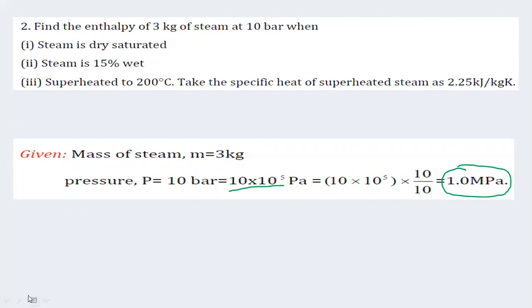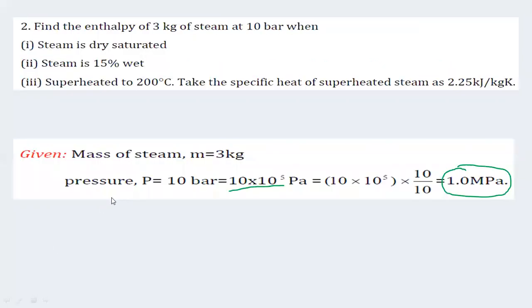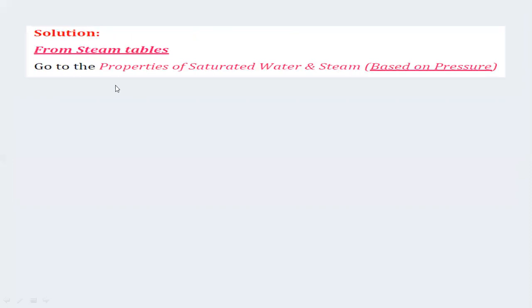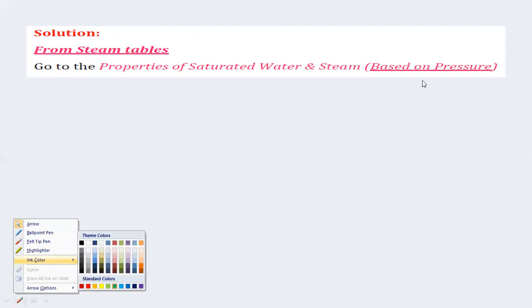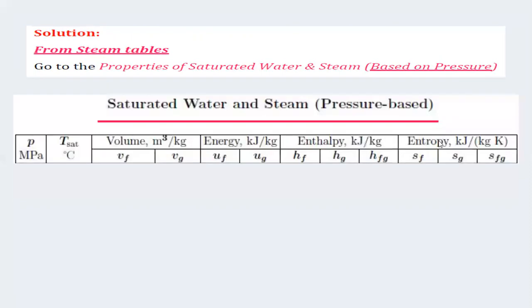Let us see what we can get next. We go to the steam tables, and here also as the steam is developed at 10 bar pressure, we are measuring based on the pressure itself. So we are referring to a steam table which is developed on the pressure basis.